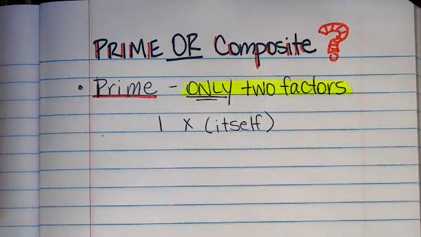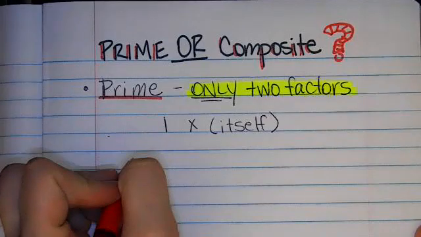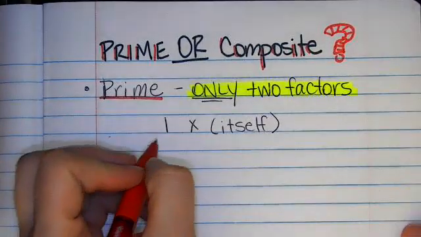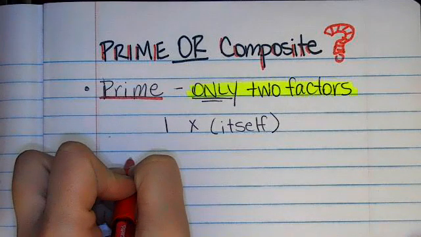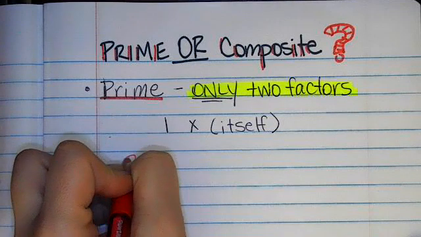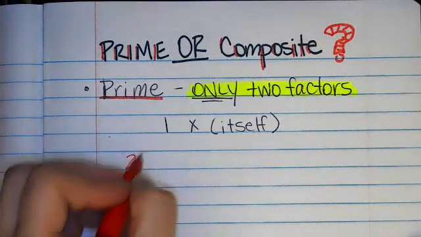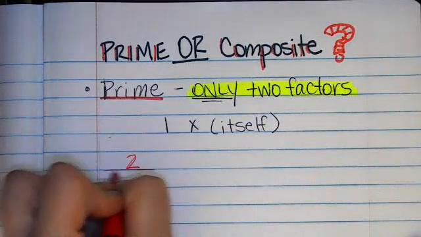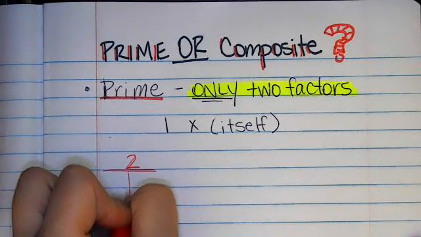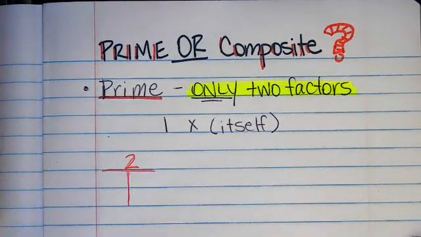So here are some examples. I'm going to give you 2 examples of prime numbers. The first example is the number 2. And 2 is a special prime number because it is the only, and I say only, even prime number. I can help visualize this in 2 ways.